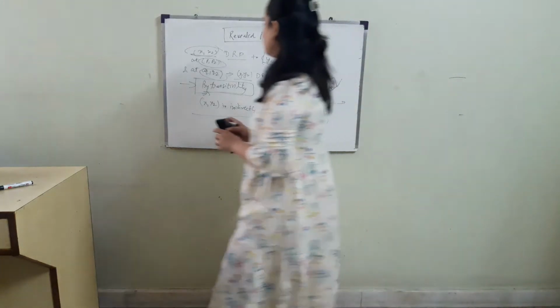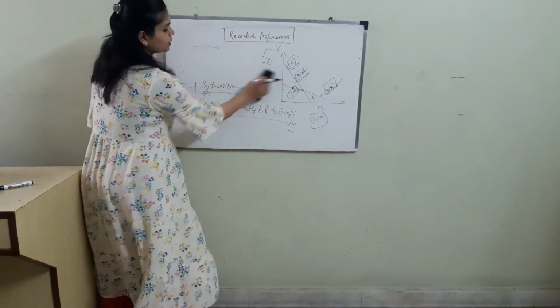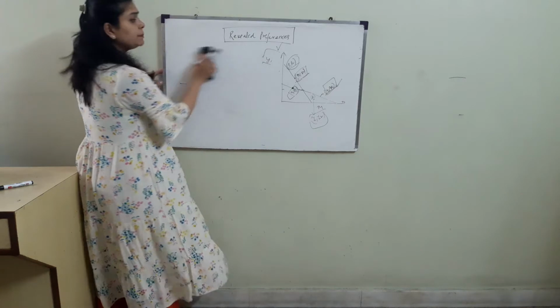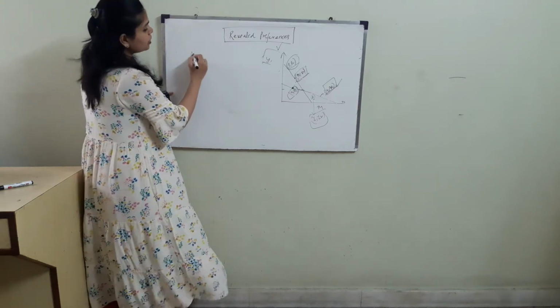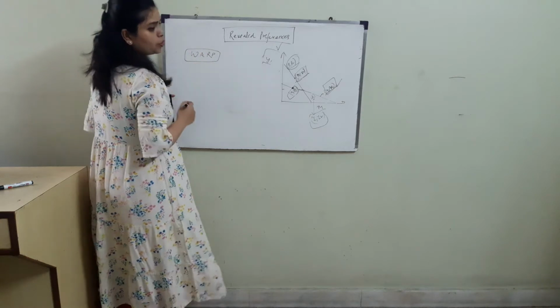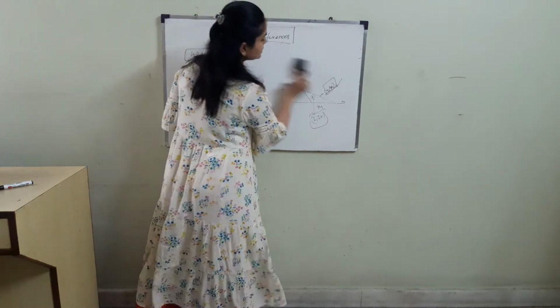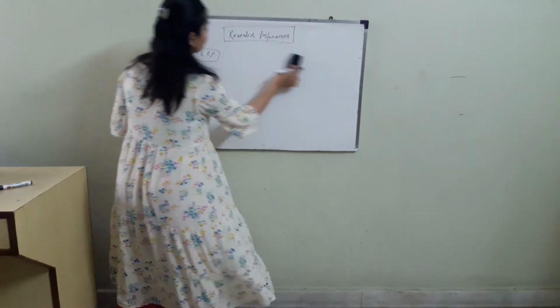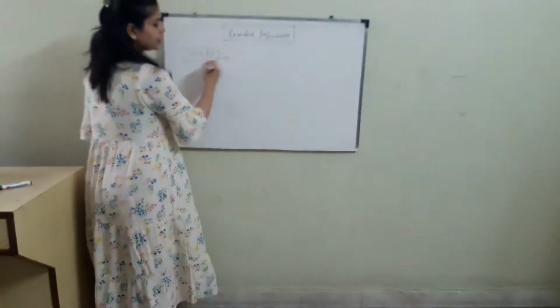Now let's move forward to understand an important principle of revealed preference, which is the weak axiom of revealed preferences. Okay, so let's discuss the weak axiom of revealed preferences. What is the meaning of the weak axiom of revealed preferences?